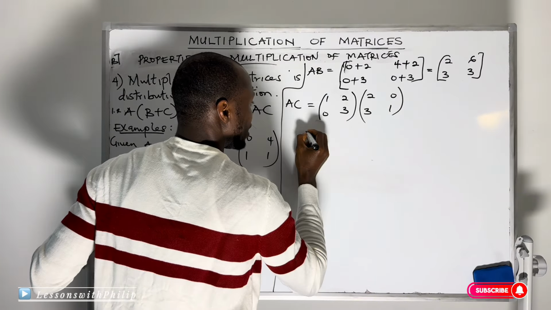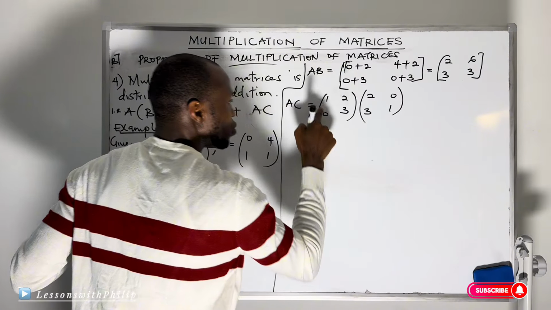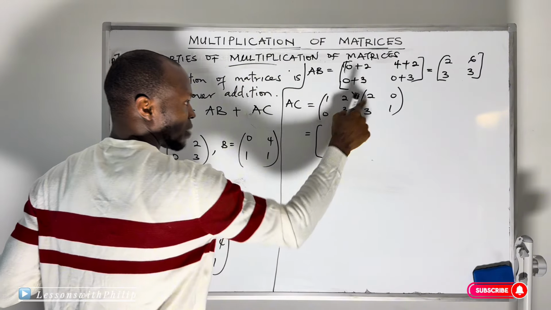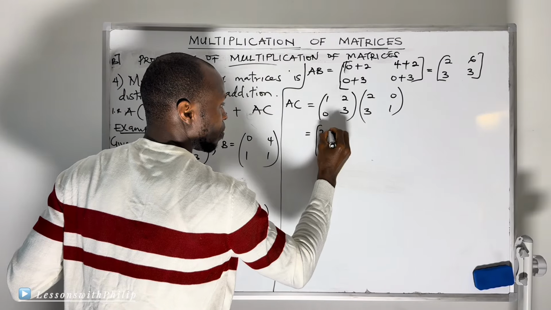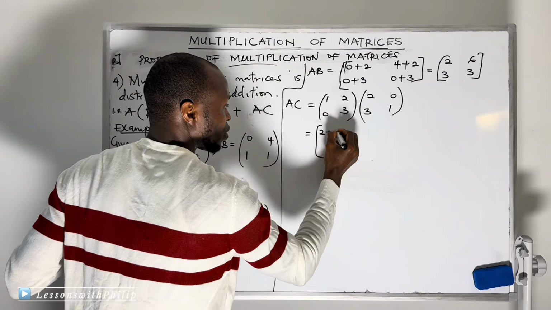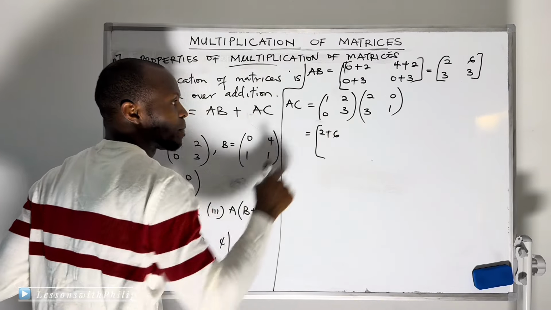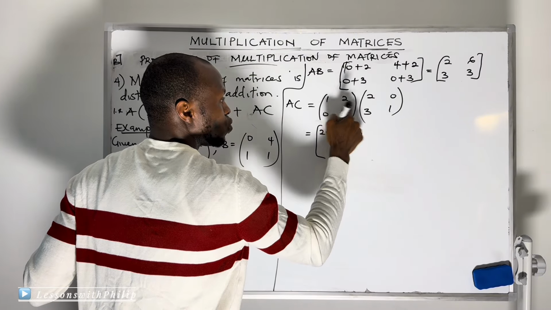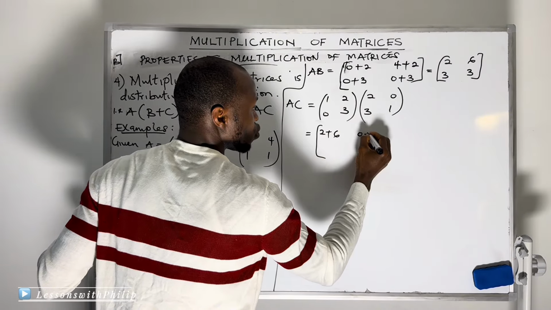Okay? That will be equals to, don't forget rows will multiply columns. So 1 times 2, which will give me 2, plus 2 times 3, which will give me 6. Okay? 1 times 0 will give me 0. 2 times 1 will give me 2. Okay?